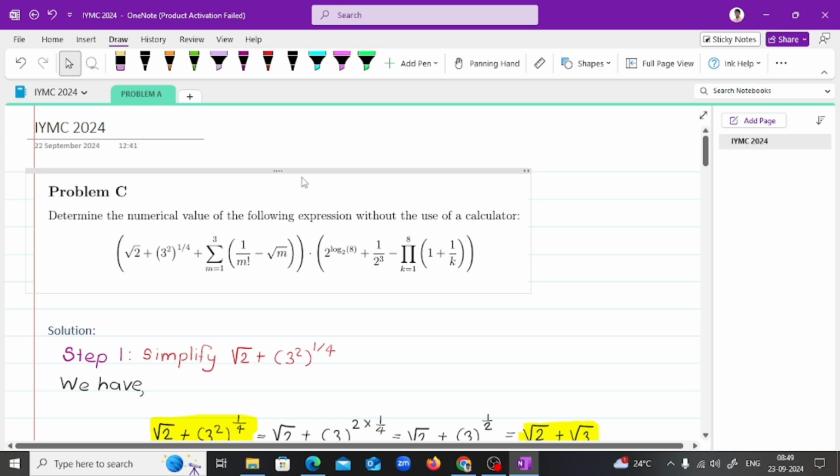At first it looks difficult, but we can easily solve this problem by breaking it down into 4 to 5 steps, simplifying each term from each bracket, then combining the results, and then at the end we multiply the values of both brackets to find the final value of this problem. And that's how we solve problem C from the IYMC qualification round.